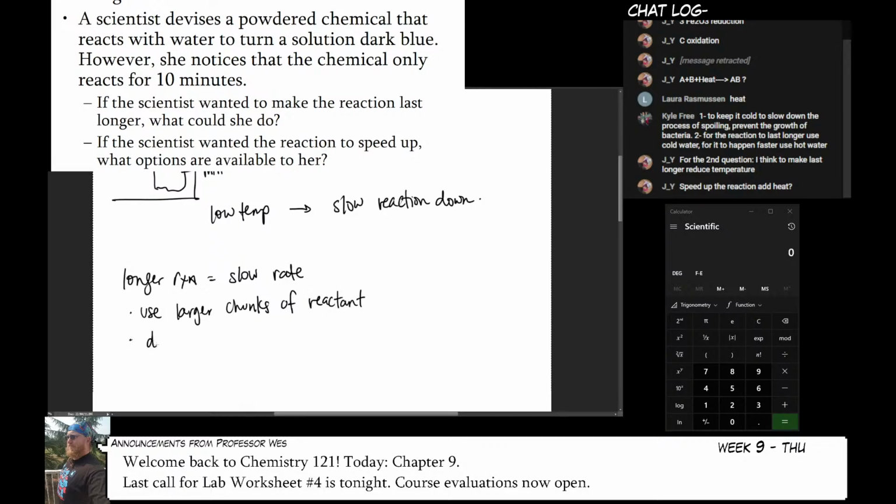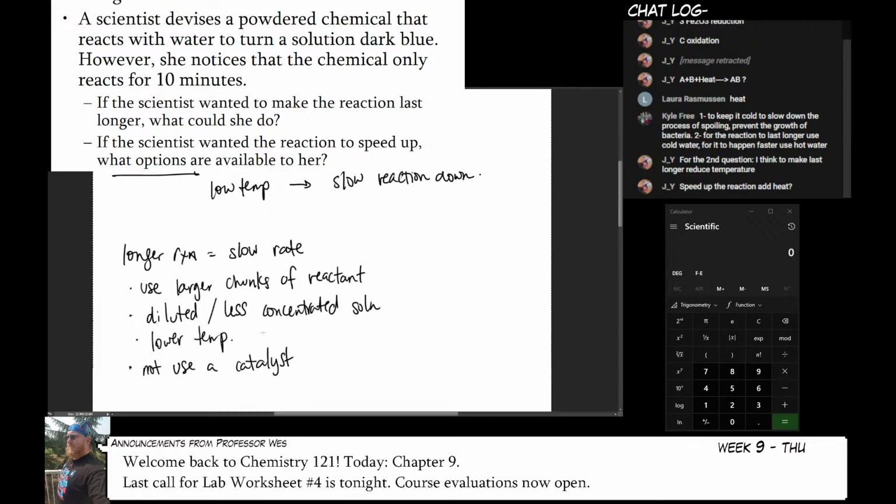We could have a diluted solution, or less concentrated. We could lower the temperature. Or we could not use a catalyst. Those are all things that we could do to make the reaction go slower and last longer.